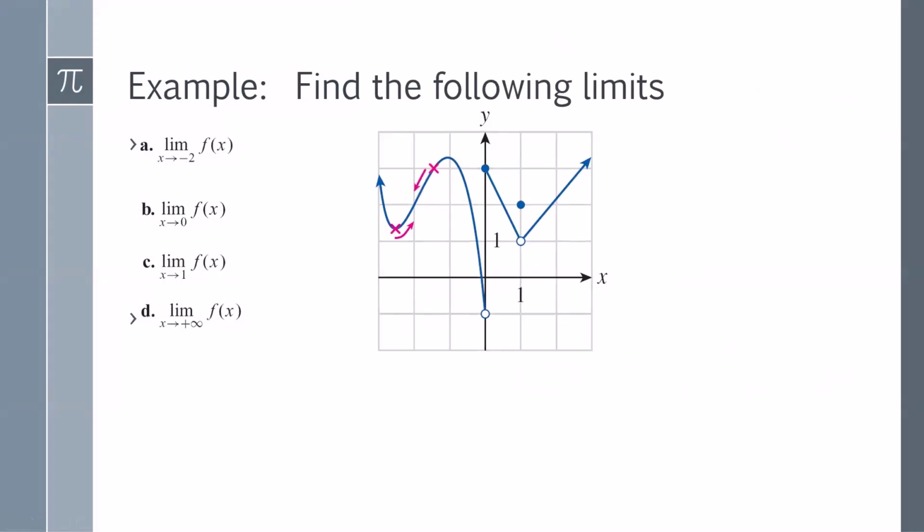So as x approaches -2, we can see both the left limit approaches +2 and the right limit approaches +2. And so the limit as x approaches -2 of f of x is going to be +2.